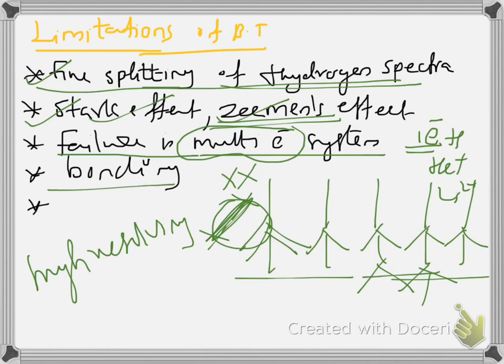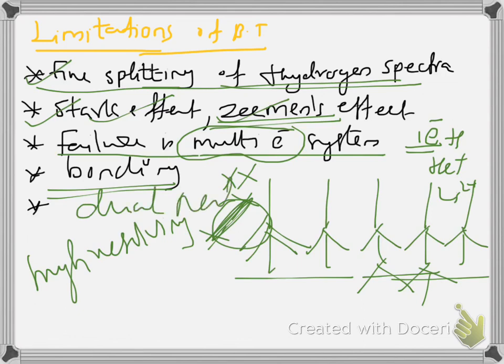Next one, he could not explain bonding. Why atoms participate in bonding? What kind of bonds are there in chemistry? For what purpose atoms are engaged in bonding? These kinds of questions could not be answered by Bohr in that time. He could not explain dual nature of matter.